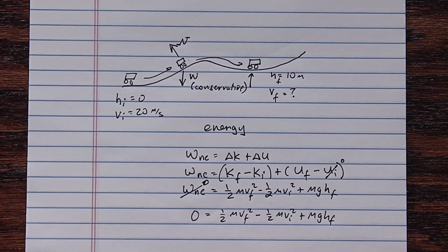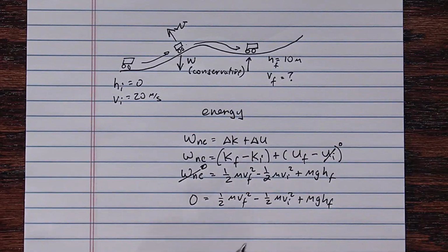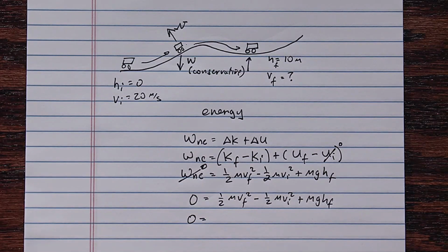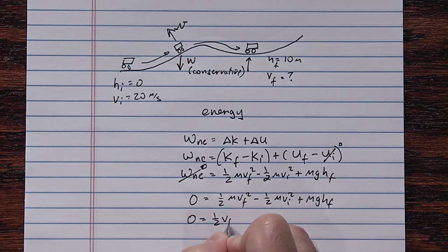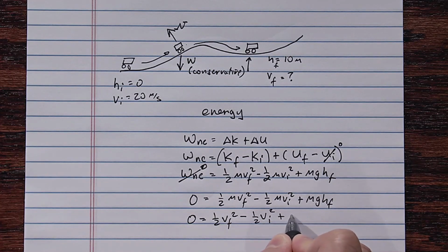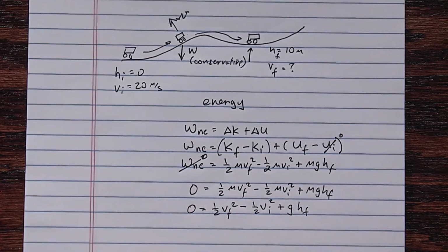The only thing we don't know in this equation is the mass, but that's okay, because all of the terms have mass in them, and we can divide both sides by mass. 0 divided by mass is 0. 1/2 m v final squared divided by mass is just 1/2 v final squared. Divide out the mass here, 1/2 v initial squared plus g times height final, and we have all of the information we need to answer our question.